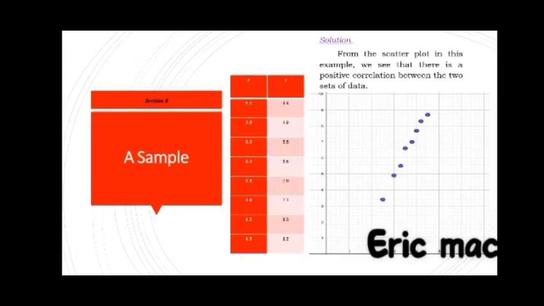We created two data sets with positive correlation. We start from x: 2.5, 3.5, 3.3, 3.5, 3.8, 4.0, 4.2, 4.5.